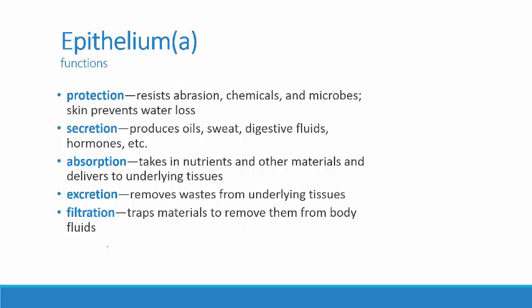Excretion, so we'll see epithelia that are involved in removing wastes from underlying tissues. And then finally, filtration. We can trap materials to either remove them from the body or prevent them from escaping from body fluids. So all of these are functions that epithelia are involved in.